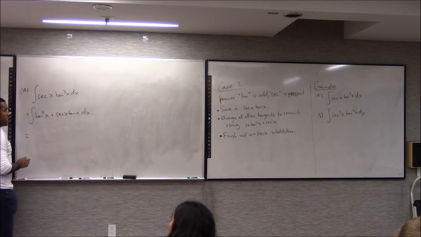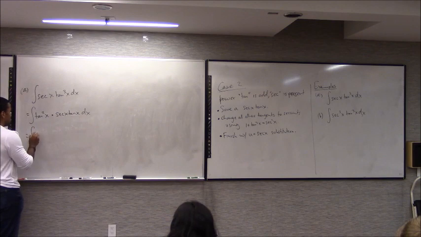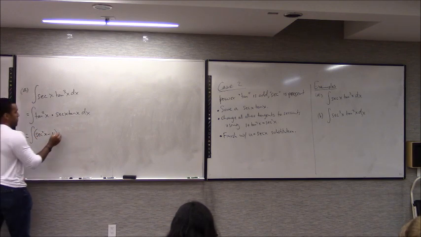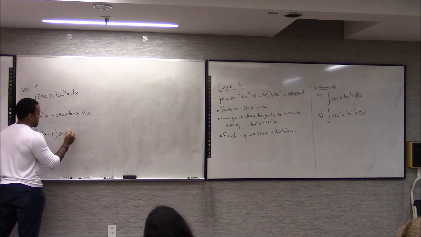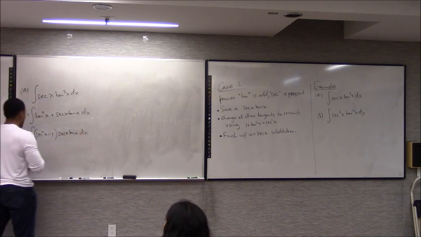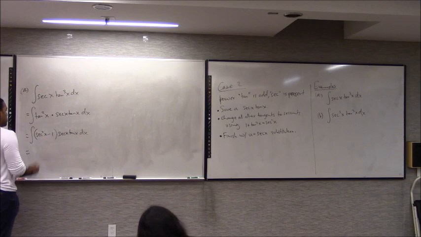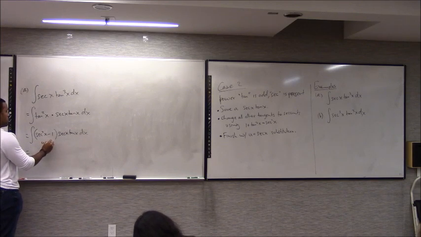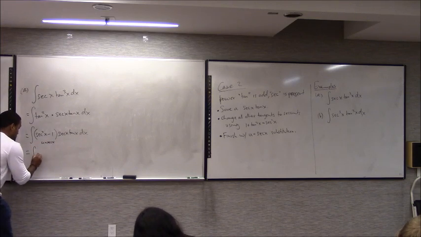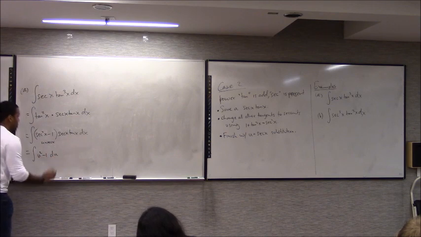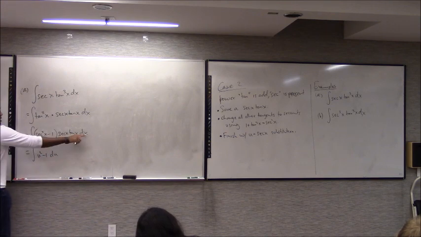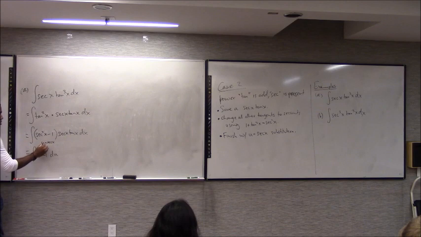I'm going to change that tangent to secants. This is going to be secant squared x minus 1. And now, if I let u equals secant, this is going to be u squared minus 1 du. The derivative of secant is secant tangent, that's going to be my du.